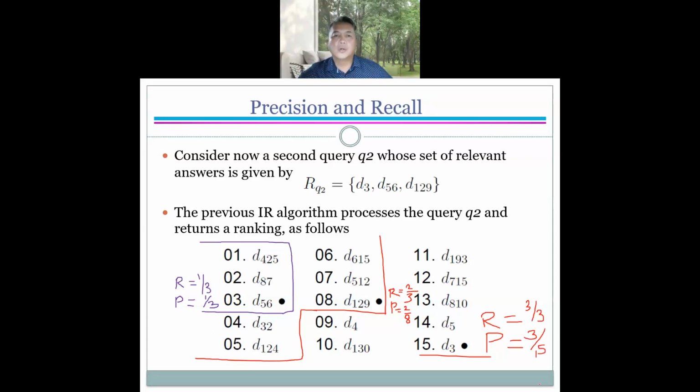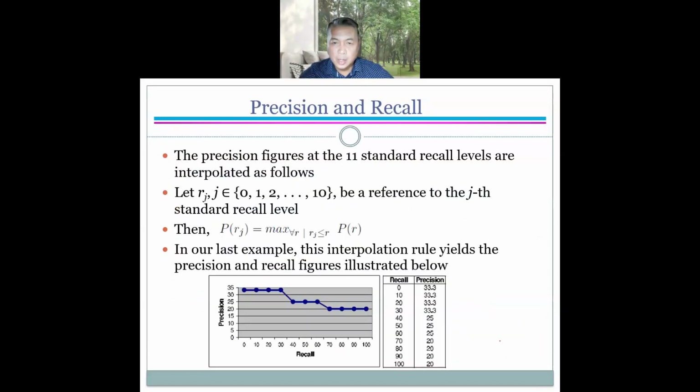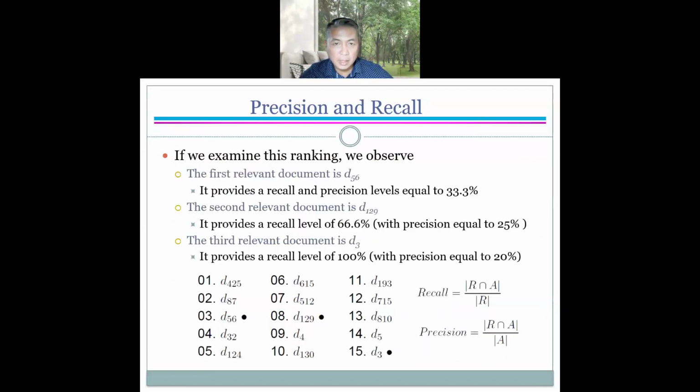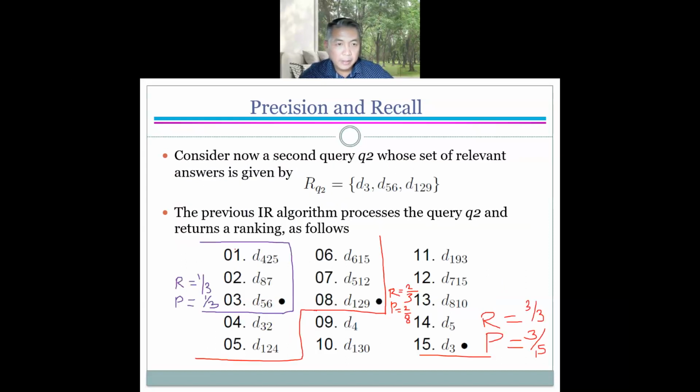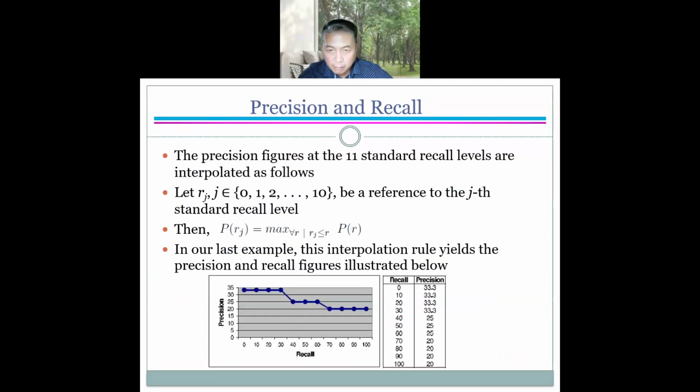So we have these three values, but we have values in between. To fill up our table, this is how we are going to do it. For recall 1/3, 1/3 is 33. So we will have this value here.